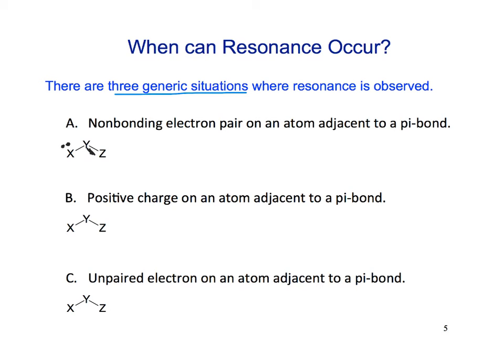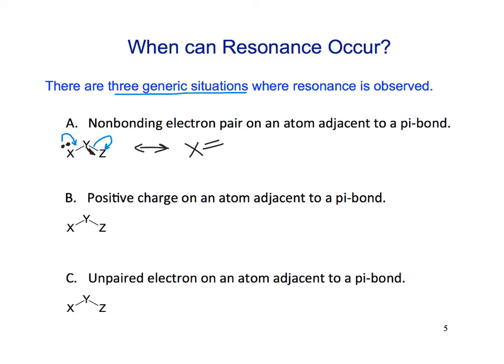All right, so in this case, what can happen is that these electrons can move toward the double bond, and that Y group, if it had a full octet of electrons, it depends on what atom it is, couldn't hold any more electrons, so it's going to push its electrons over to Z. And this creates a resonance contributor.